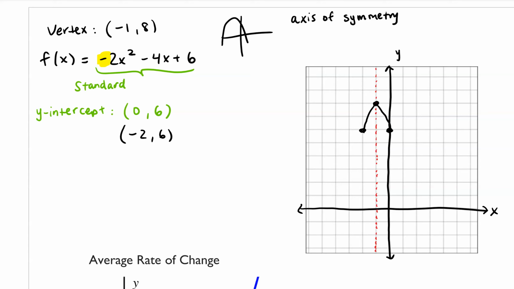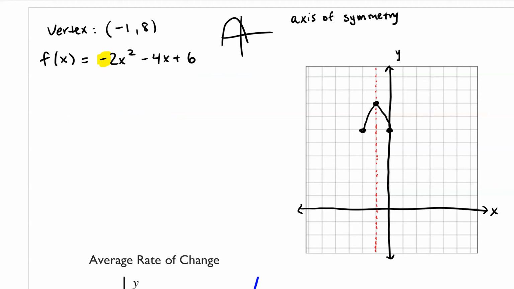But why don't we just take it one step further and try to figure out what our x-intercepts are as well. So let me erase this portion so I have some room.